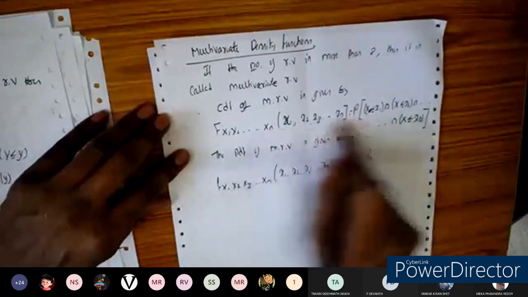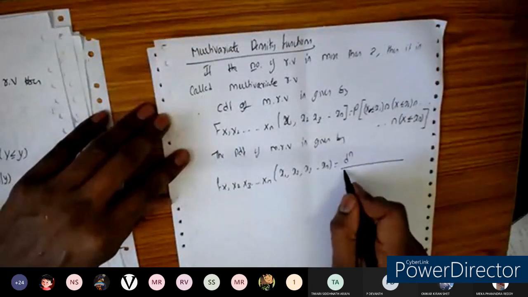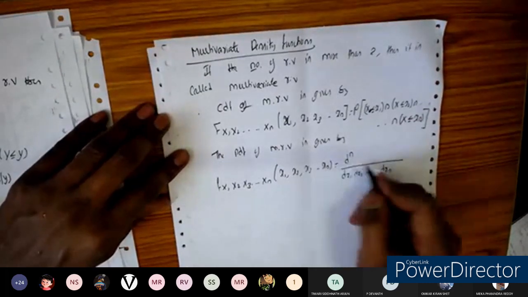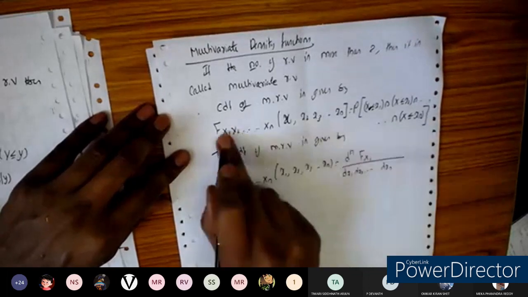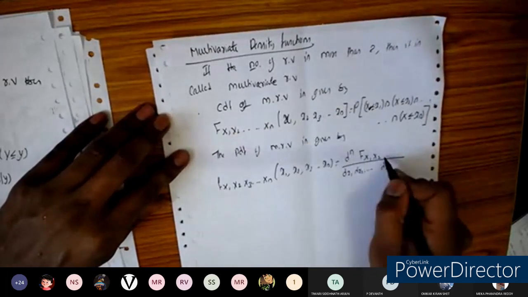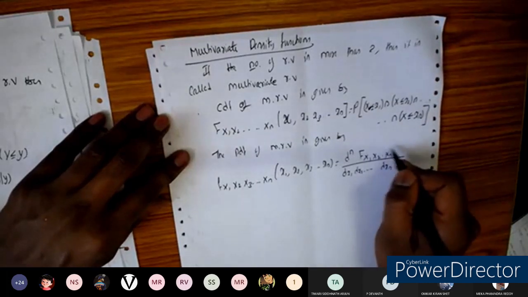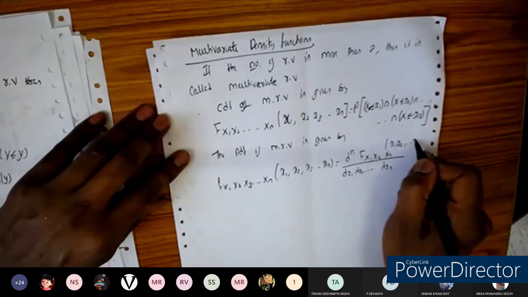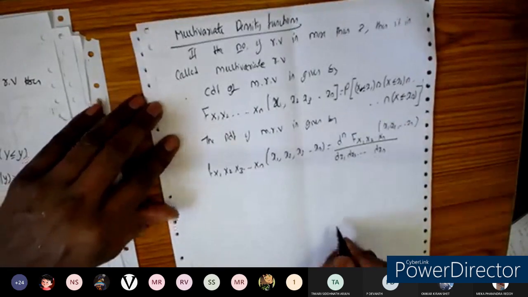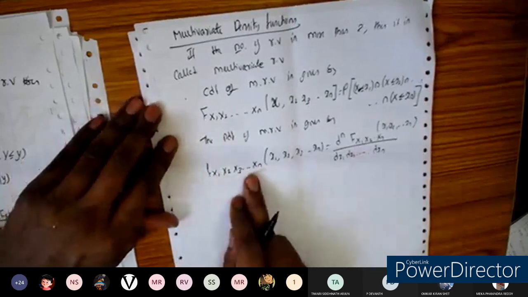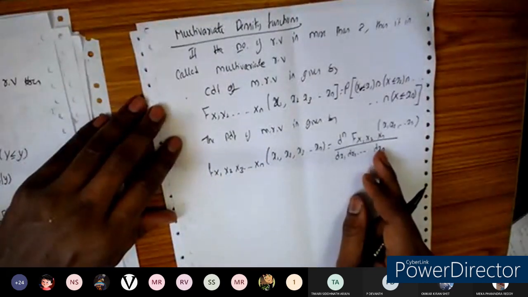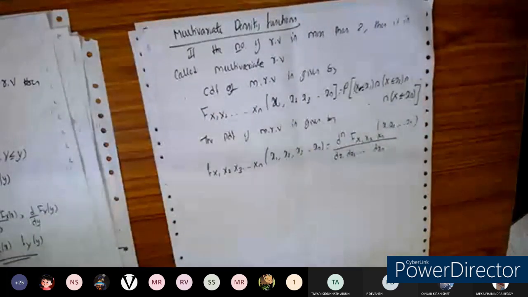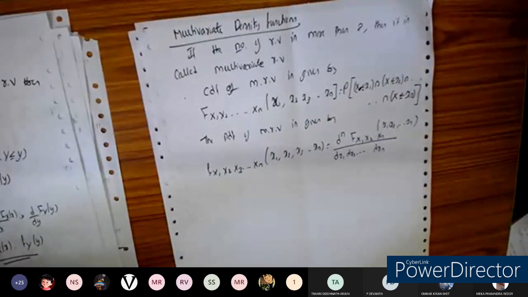How many times do we need to differentiate? There are n random variables, so we differentiate with respect to each of them: dx1, dx2 up to dxn. We differentiate the multivariate CDF F of x1, x2 up to xn, and this gives the multivariate PDF.